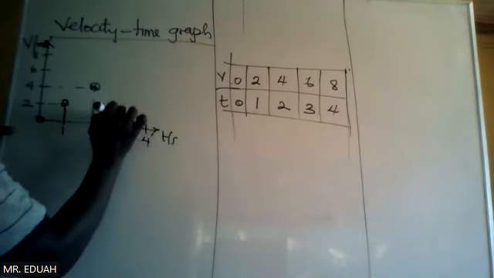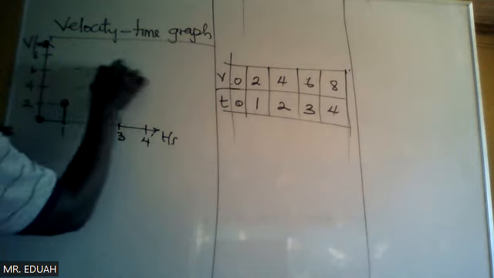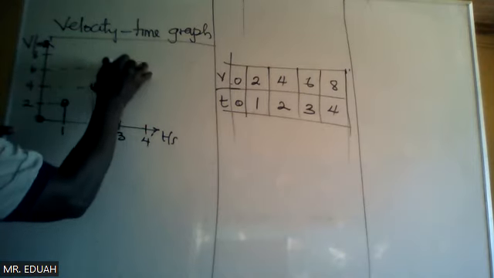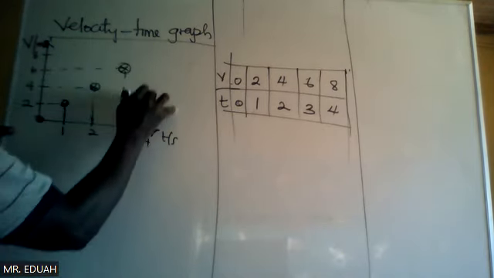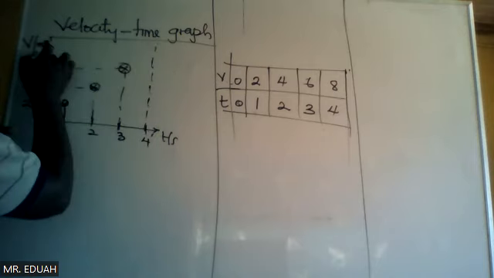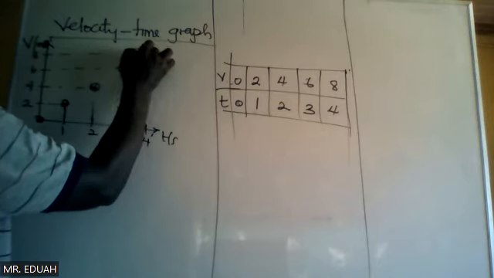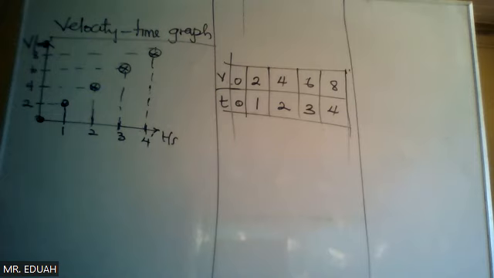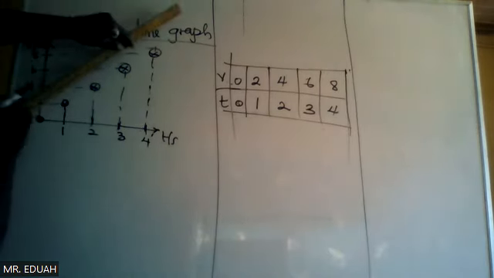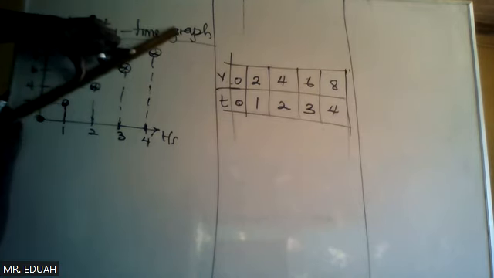Time t equal to 3, 6. t equal to 4, 8. When you join these plotted points, you can have a straight line.